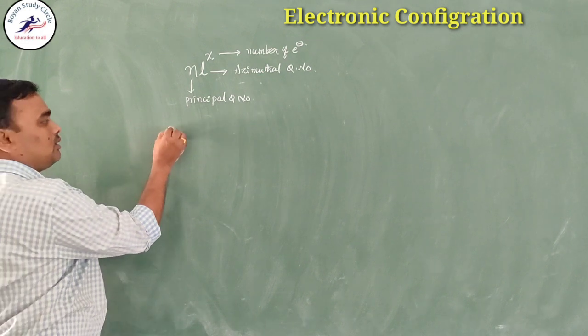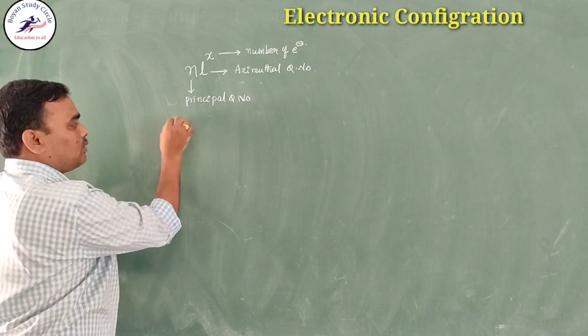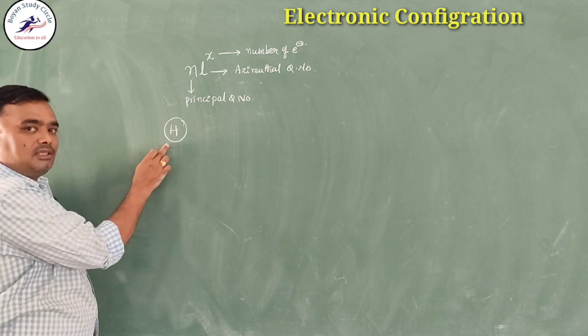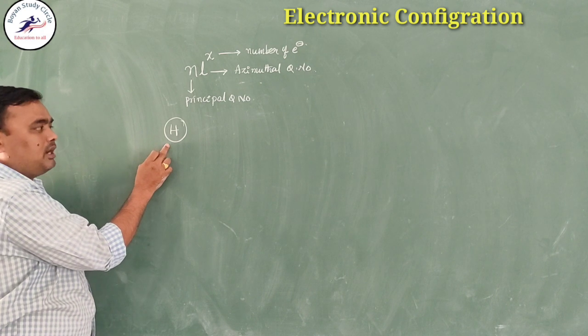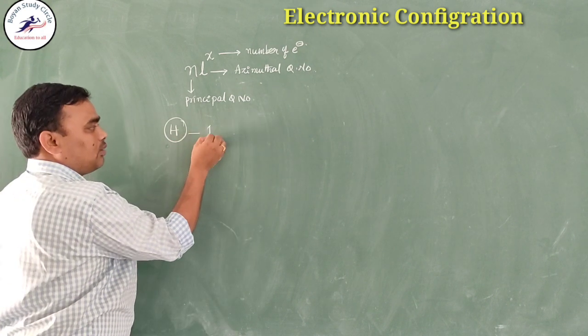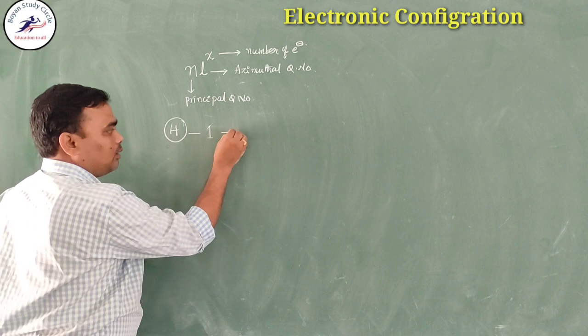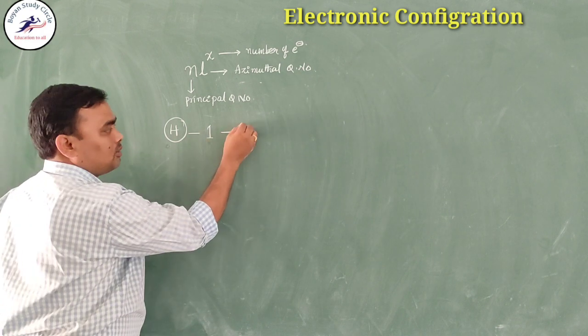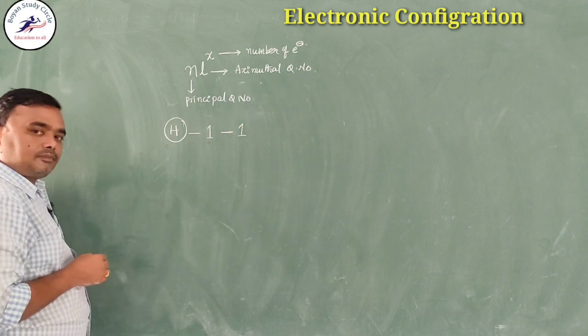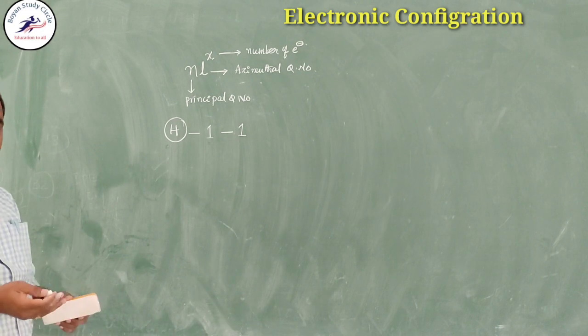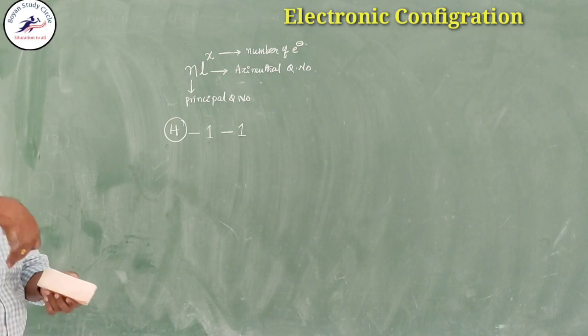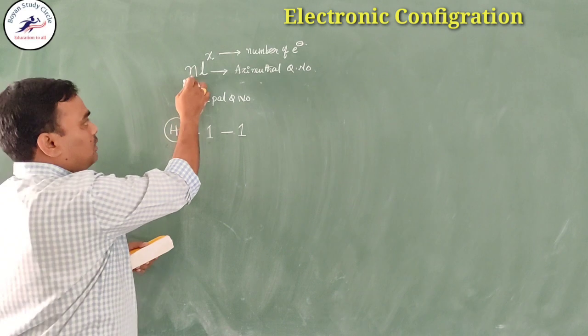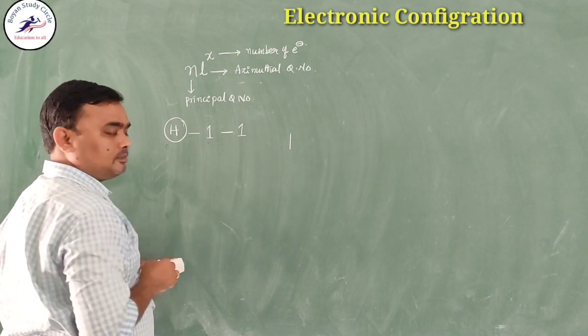For example, if you want to write the electronic configuration of hydrogen, which is the simplest element, the first element in the periodic table, as you know its atomic number is 1 and the number of electrons equals the atomic number, so it has only 1 electron, right? So 1 electron is first filled into the first main shell, so the principal quantum number is 1.